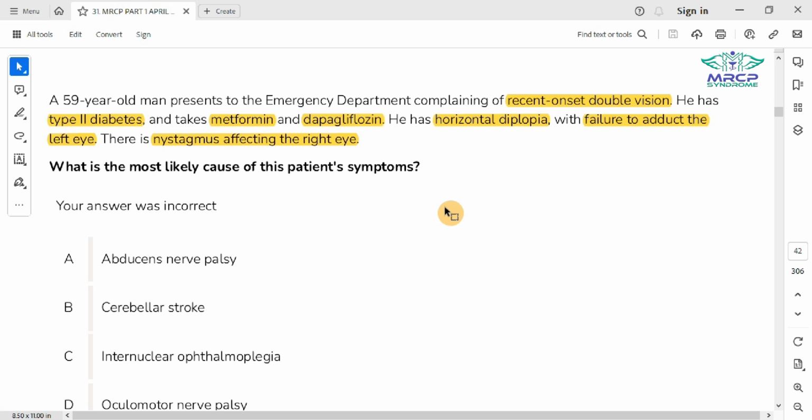Internuclear ophthalmoplegia. So the most likely diagnosis here is INO, internuclear ophthalmoplegia, and this is usually characterized by failure of adduction.